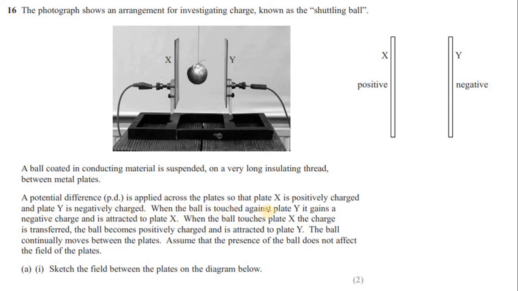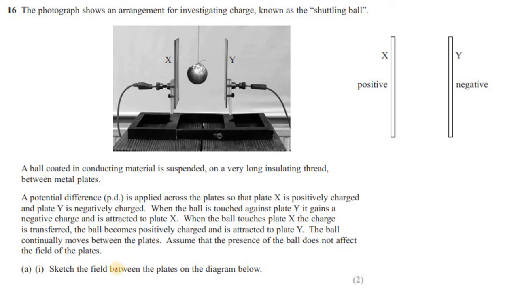When the ball is touched against plate Y, which is negatively charged, it gains negative charge and is attracted to plate X. When the ball touches the plate X, the charge is transferred, the ball becomes positively charged and is attracted to plate Y. The ball continues to move between the plate. Assume that presence of the ball does not affect the field of the plate. Sketch the field between plates on the diagram below.